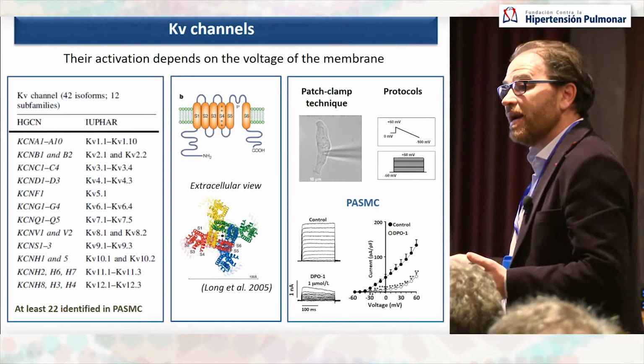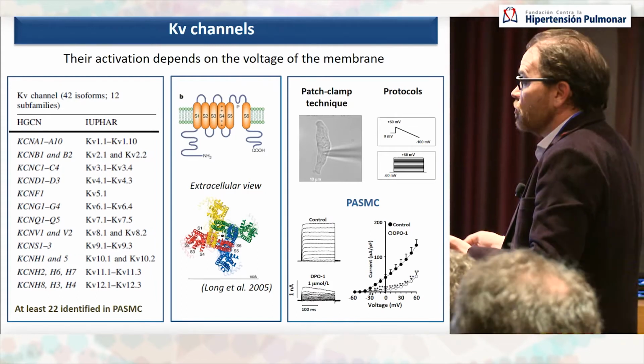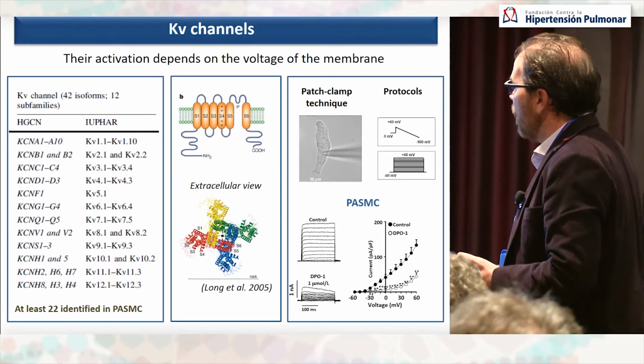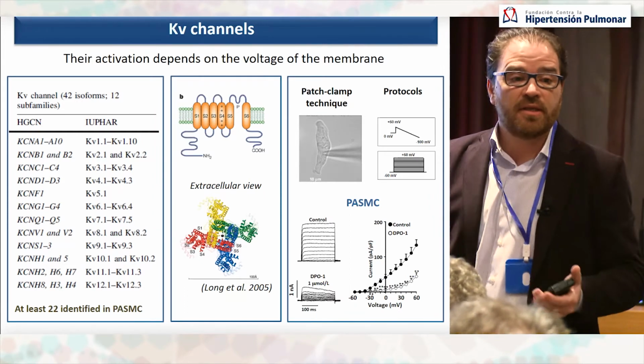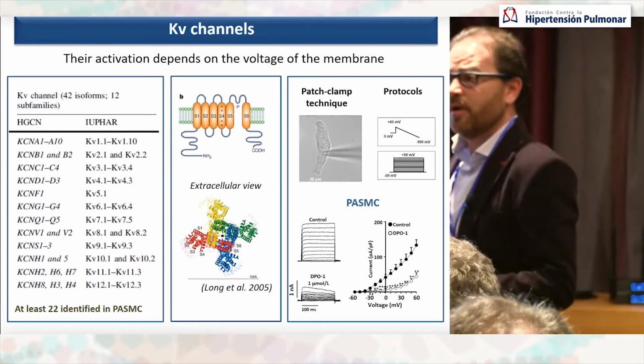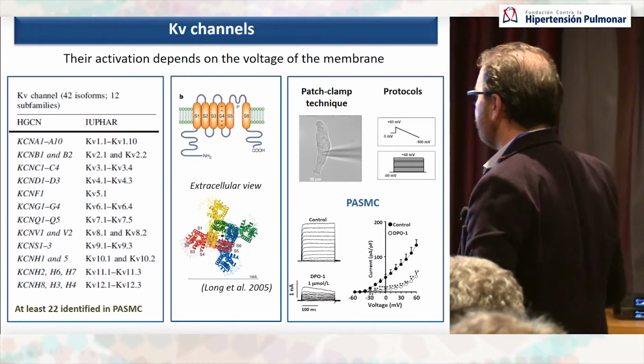And we can characterize which potassium channel is important in a particular myocyte by using selective drugs like DPO, which is a Kv1.5 channel inhibitor, and this gives us an idea that most of the current in the pulmonary arterial smooth muscle cells is carried by Kv1.5 channels.